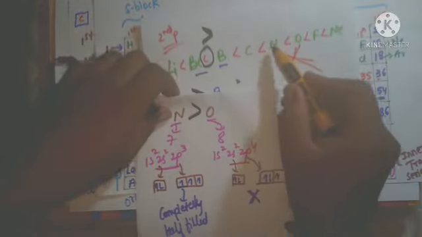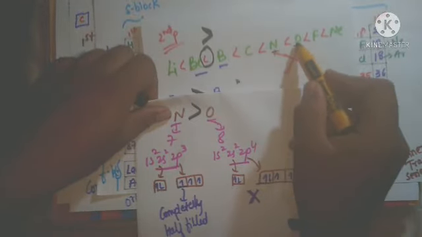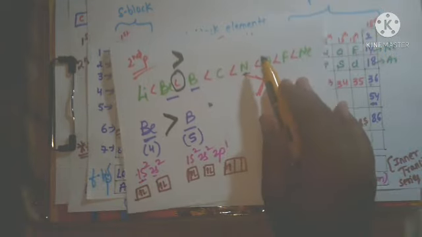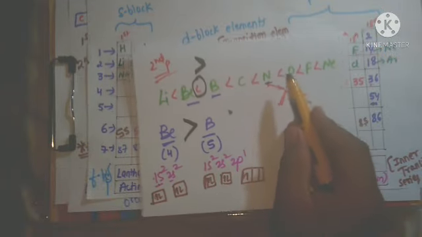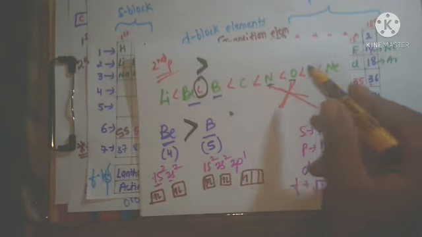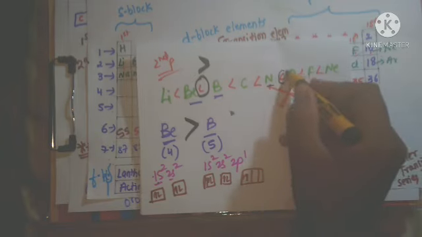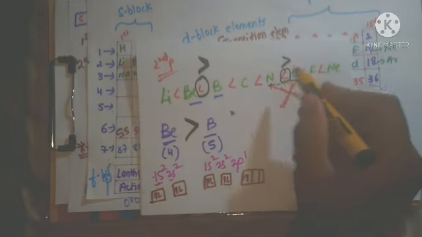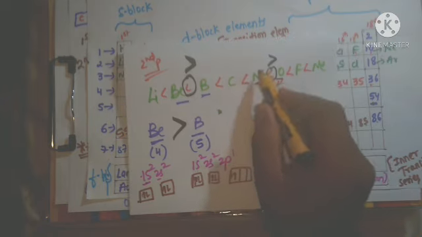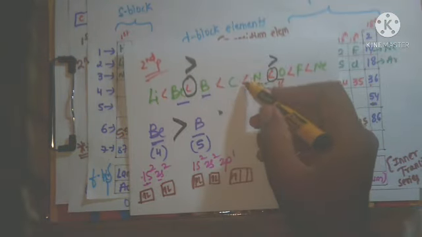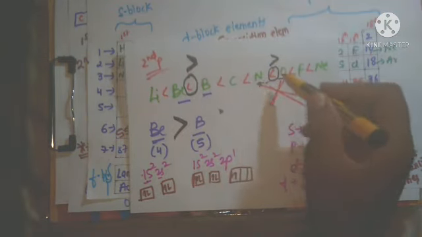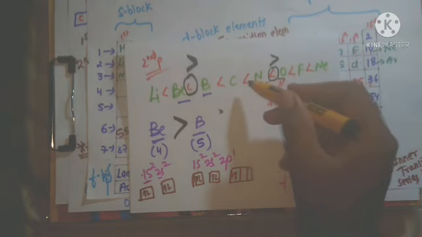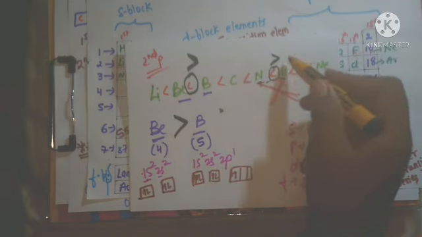Second correction is in the nitrogen to oxygen, even though they are in the same period, right? Ionization enthalpy will not be in this order, but in this order. Nitrogen has more ionization potential than the oxygen. Why?